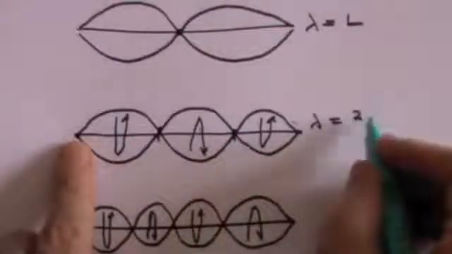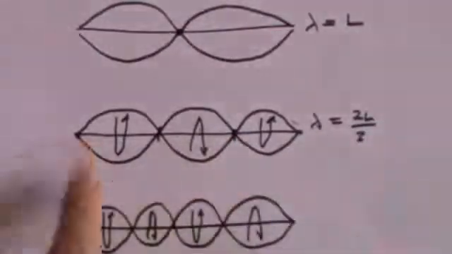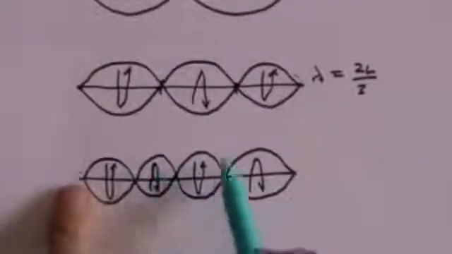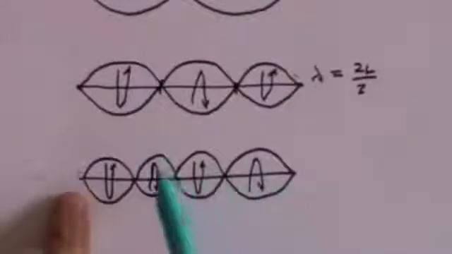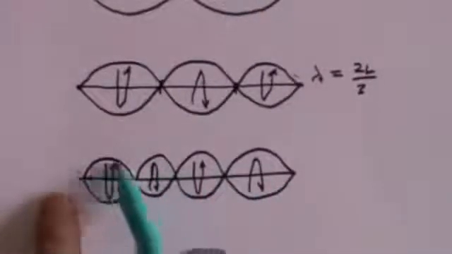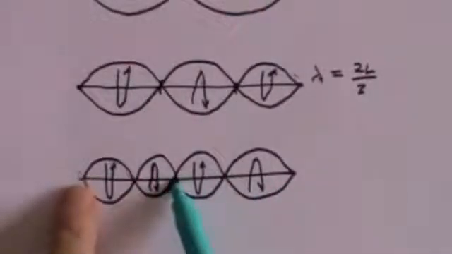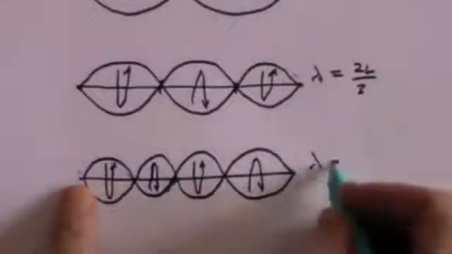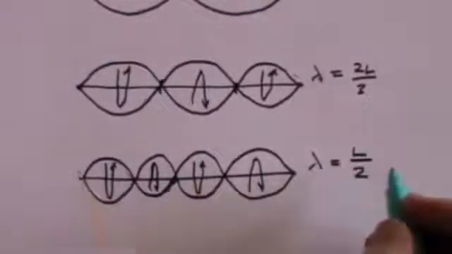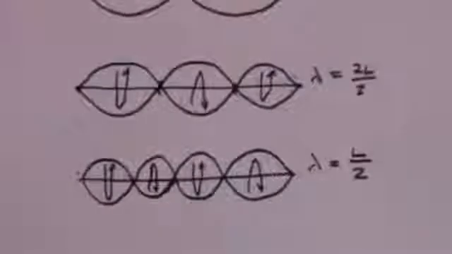So this is 2L/3. And in this case, you can see that you've got two wavelengths here. One wavelength, which is this, is just half of the length of the rope. So the wavelength here is L/2.